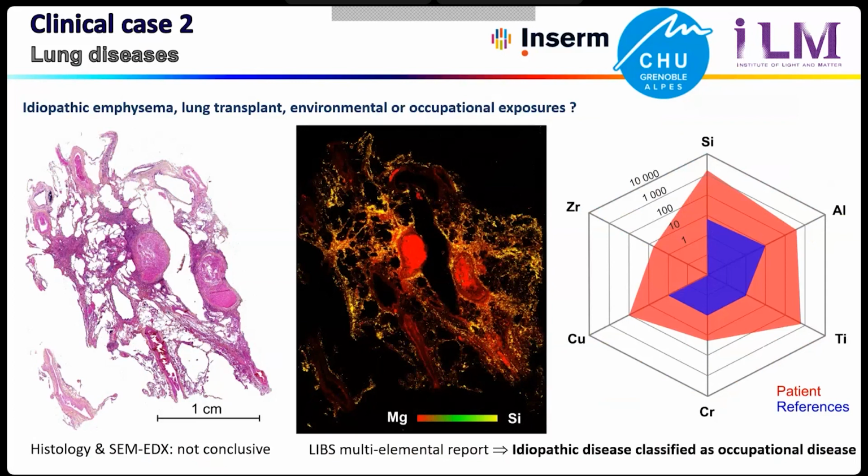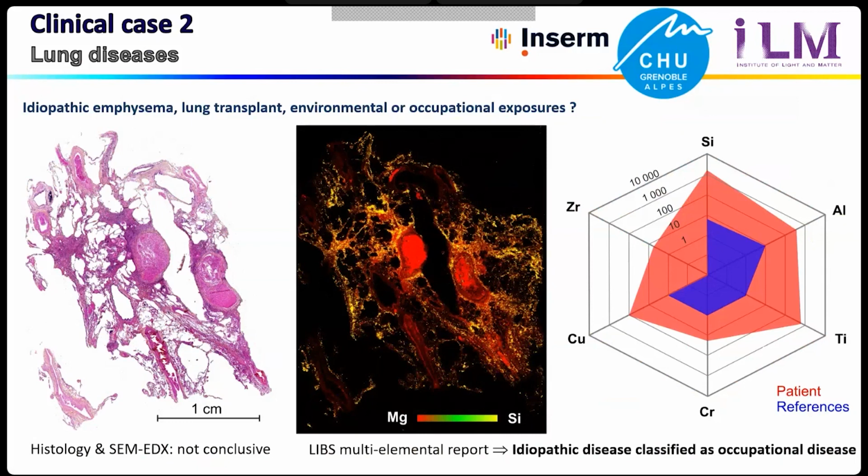And it appears that this lady, when she was around 25 years old, worked for 6 months in a ski station with strong sanding for the skis. And she was breathing a lot of sand.